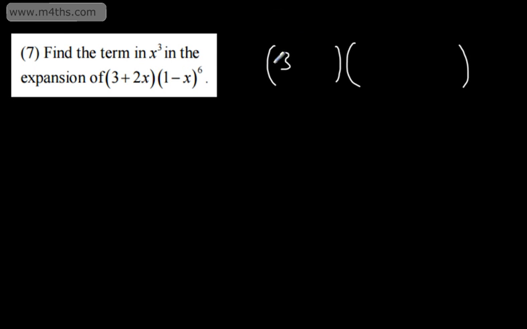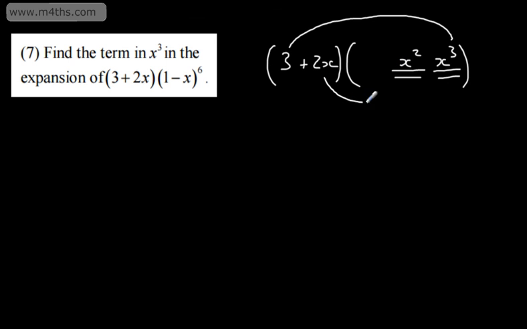This is the constant and this is the term in x. So if I have the term in x squared, whatever it is, and the term in x cubed, then I can just jump to them. It'll be that one multiplied by that one, and this one multiplied by that one to give us the terms in x cubed, which we can simplify.